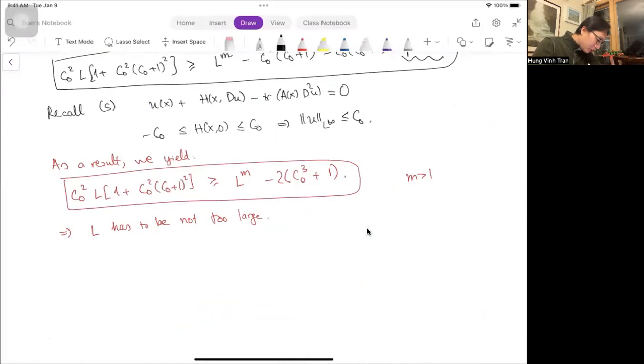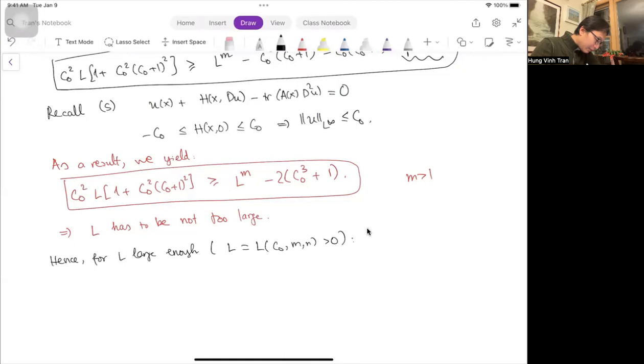Because as a conclusion, we get that for L large enough, and you can see that it's clearly only dependent on the dimension, C naught and m, right?